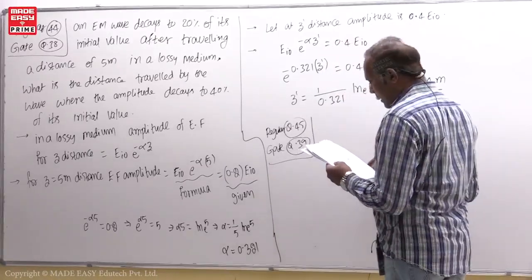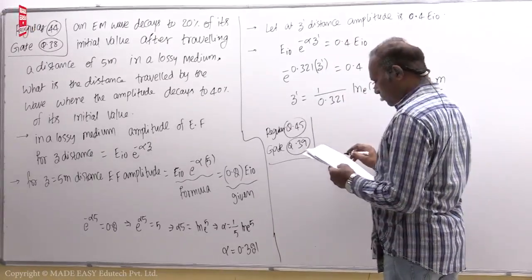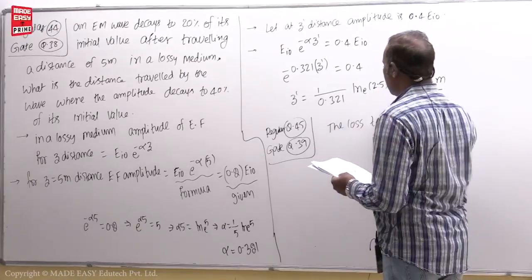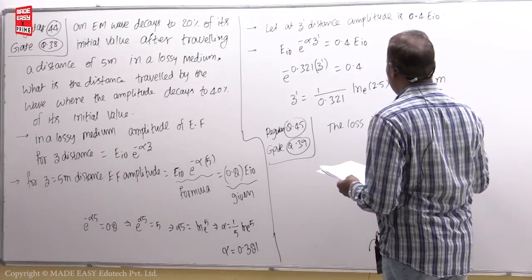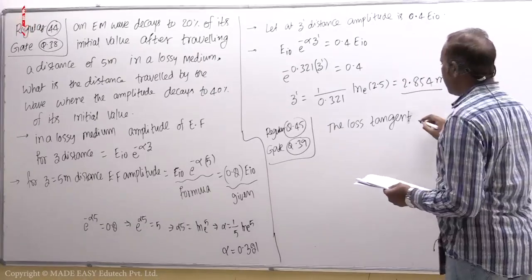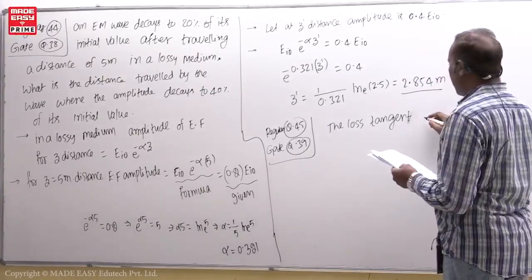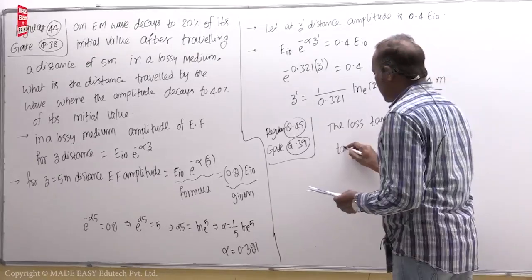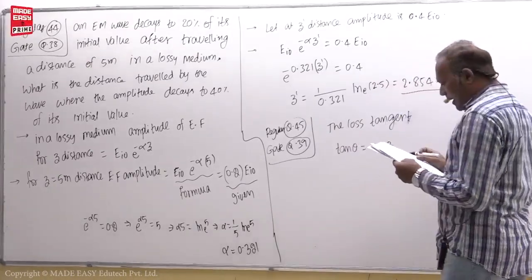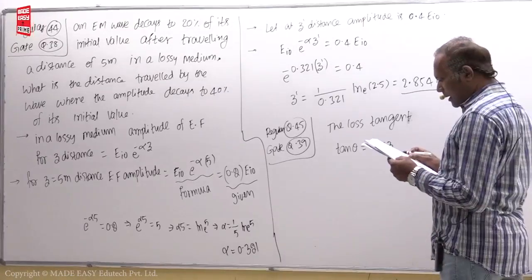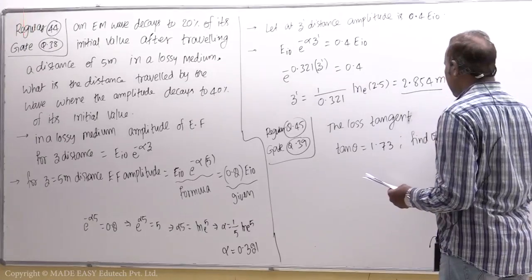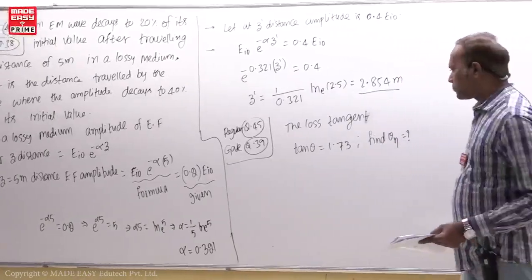The loss tangent in a certain medium is given, tan theta equal to 1.73. Then the phase difference between the E and H vectors of the EM wave in the medium is asked. Then find theta eta.